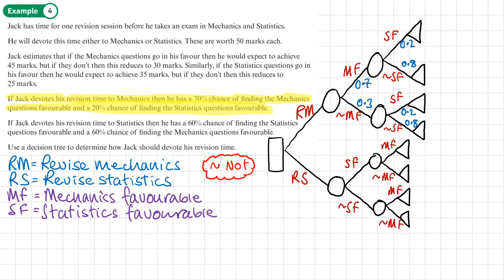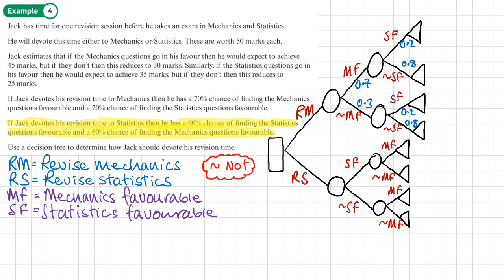And then we'll move on to the second sentence, which tells us about what happens if he devotes his revision time to statistics. Then he's got a 60% chance of finding the statistics questions favourable and a 60% chance of the mechanics questions being favourable. So down to these branches down here. So he's got a 60% chance of finding statistics favourable.